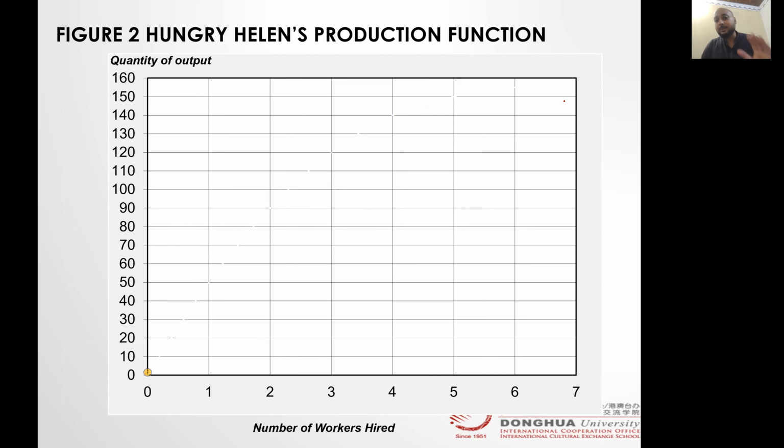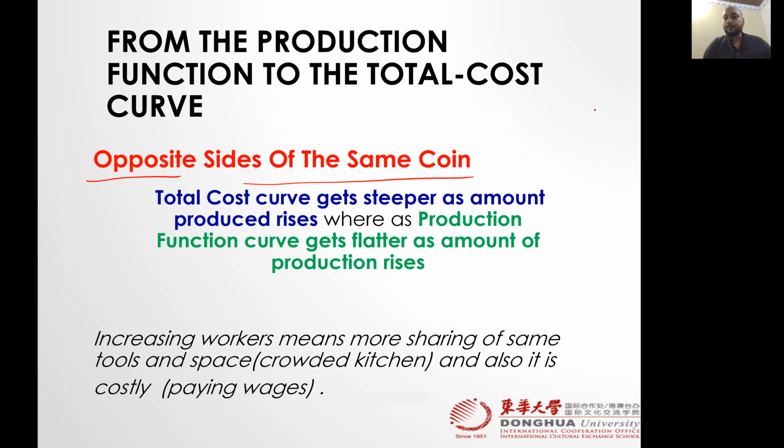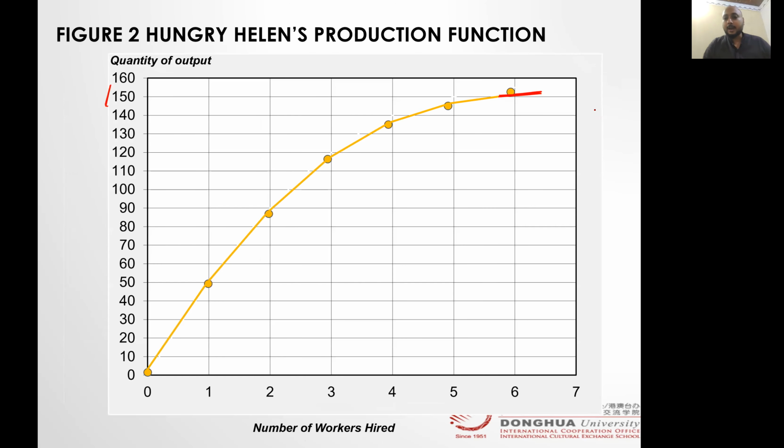Production function is bending down with the increase in output. It becomes flatter here, and the total cost becomes vertical from here. In both cases, at this level of the total cost, or at this level of the production function, we stop producing more. So this tells us the same decision. Okay, guys?